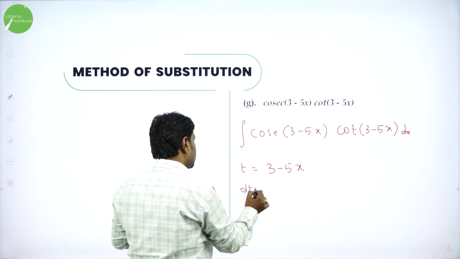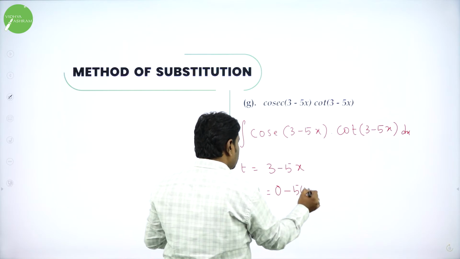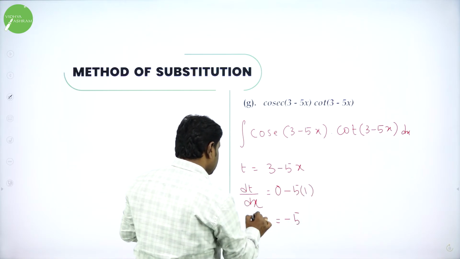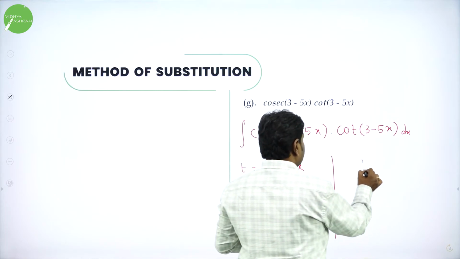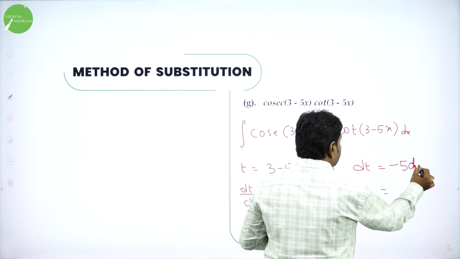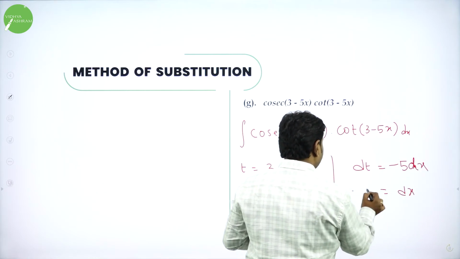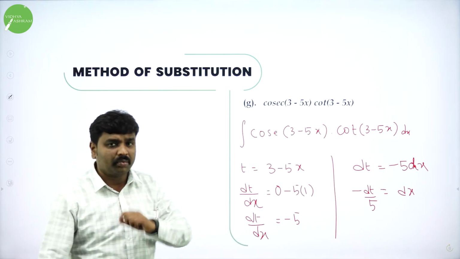Differentiate both sides. So dt by dx. What is dt by dx? The derivative of 3 is 0, and of 5x it is 5 into 1. So it will become minus 5. This is the value of dt by dx. You need dx, so further simplify. So dt is equal to minus 5 dx, and you need just dx. So dx is equal to what? Minus dt by 5. So substitute this and the problem reduces.